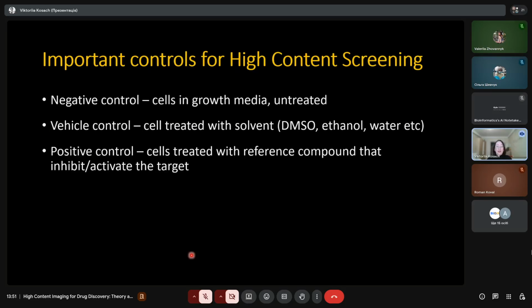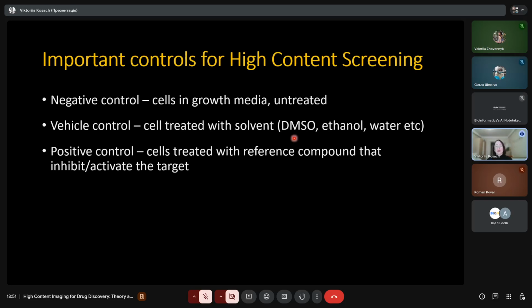However, when you are going further to large-scale screening, you will need only the vehicle control. It's your cells treated with solvent. Each compound or chemical perturbator that you are studying should be dissolved in something, and different compounds are dissolved in different solutions.